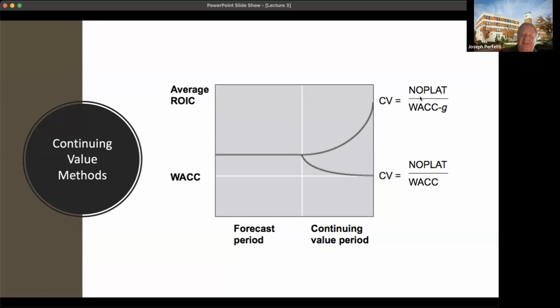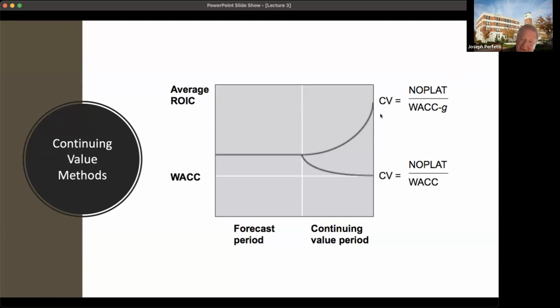And so the point is that using these two formulas, which is what most people use in valuation, has a distortion effect in the continuing value period. NOPLAT over the discount rate, a straight perpetuity, tends to move the firm closer to its WACC, and it tends to undervalue firms that are growing. Growing perpetuities tend to overvalue firms because they assume they never stabilize.